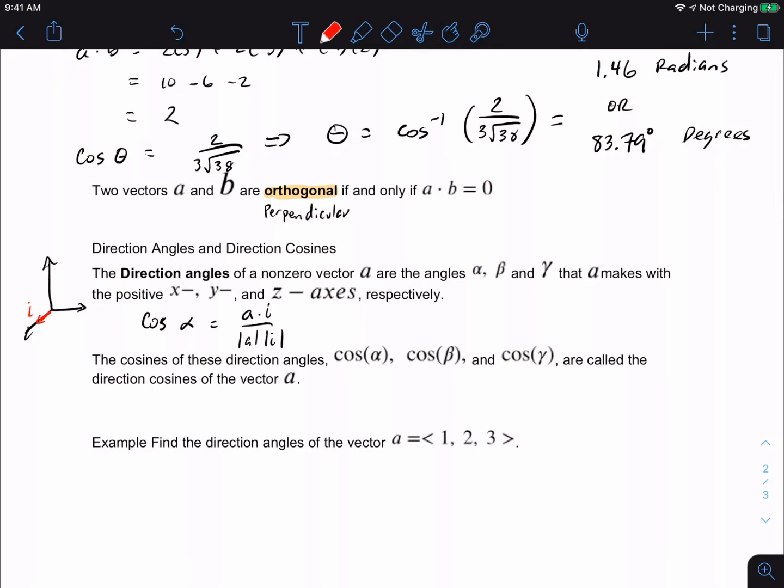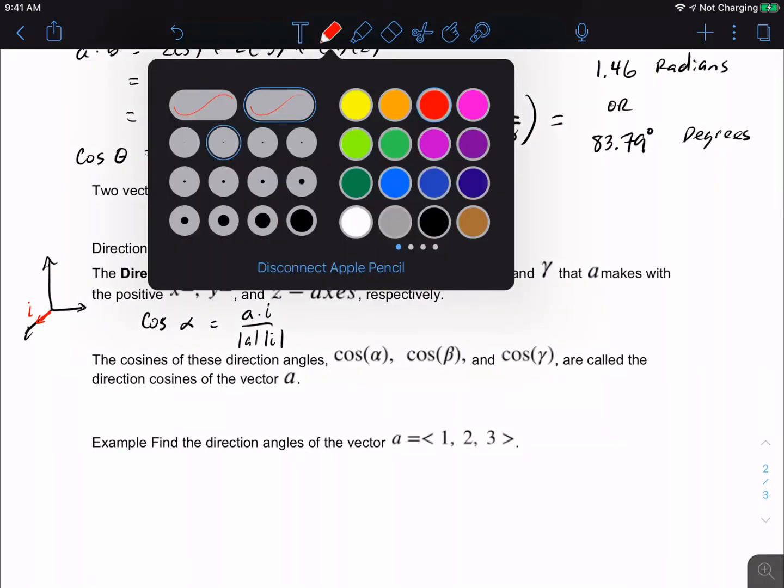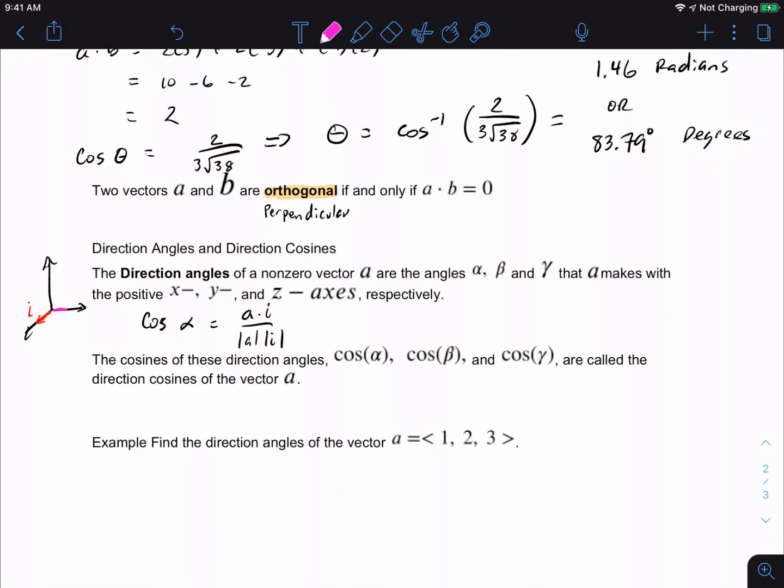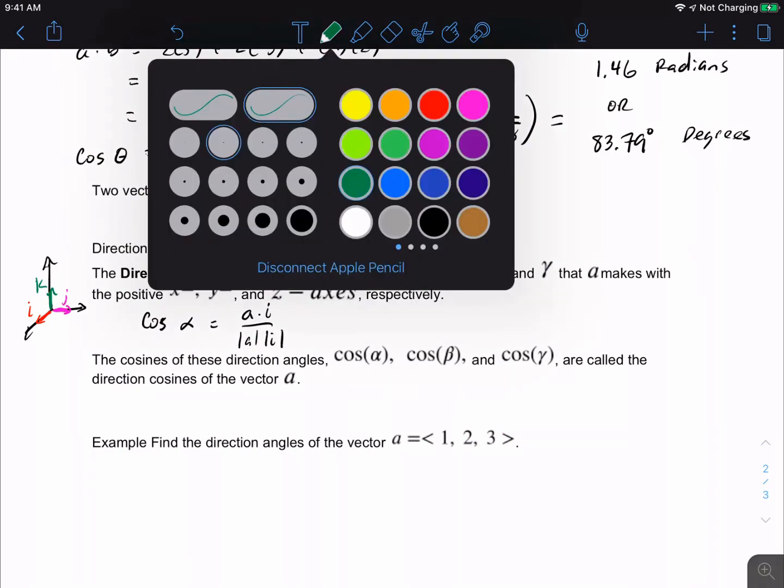The J is going along the y coordinate, and then K goes along the z-axis. So I, J, K relate to x, y, z, but they're unit vectors that have a length of 1. So you guys know.